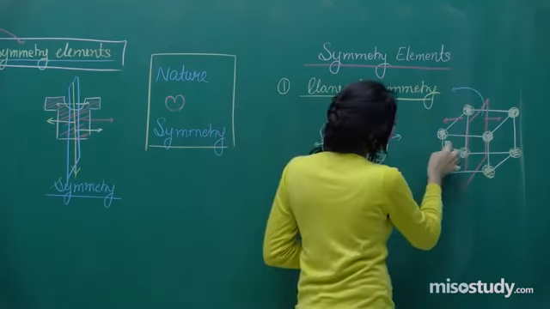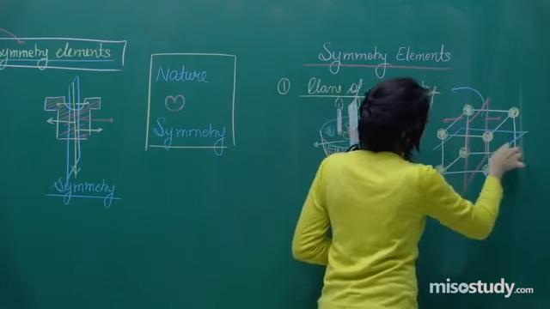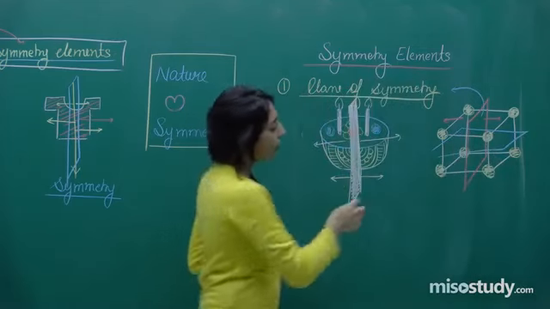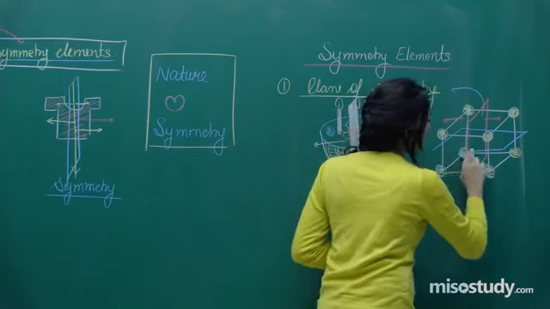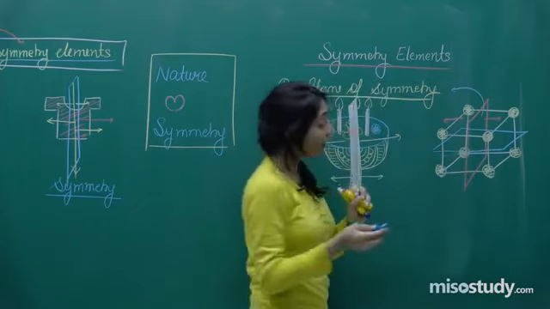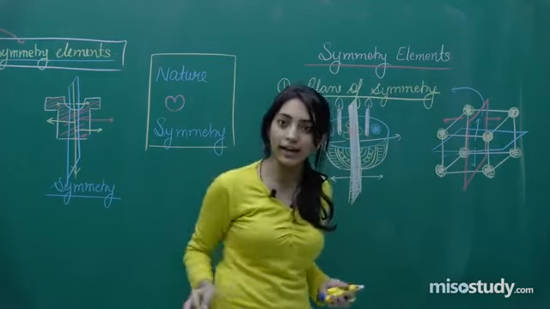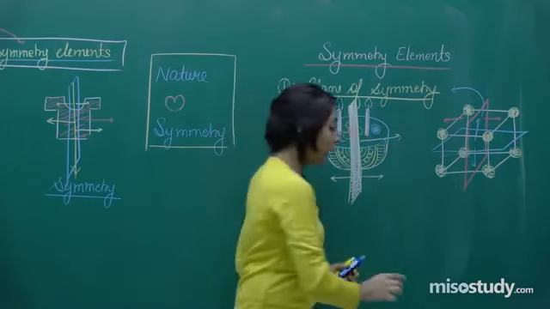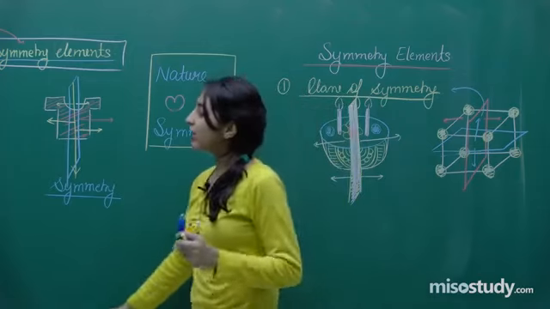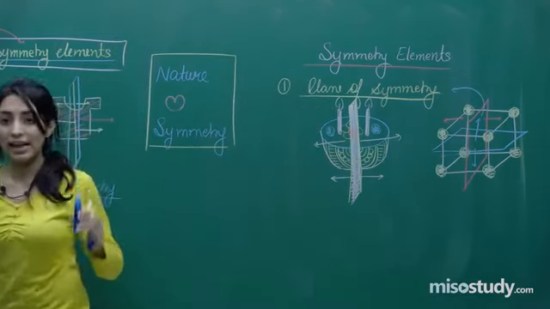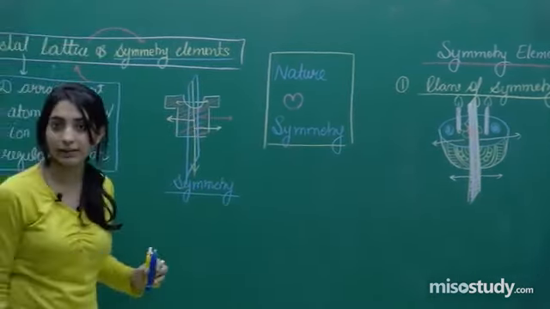Moreover, you can consider a plane something like this, the blue plane. Even this blue plane can divide the crystal into the top and the bottom half, right? And this is known as the plane of symmetry, which is the first symmetry element present in crystal systems.